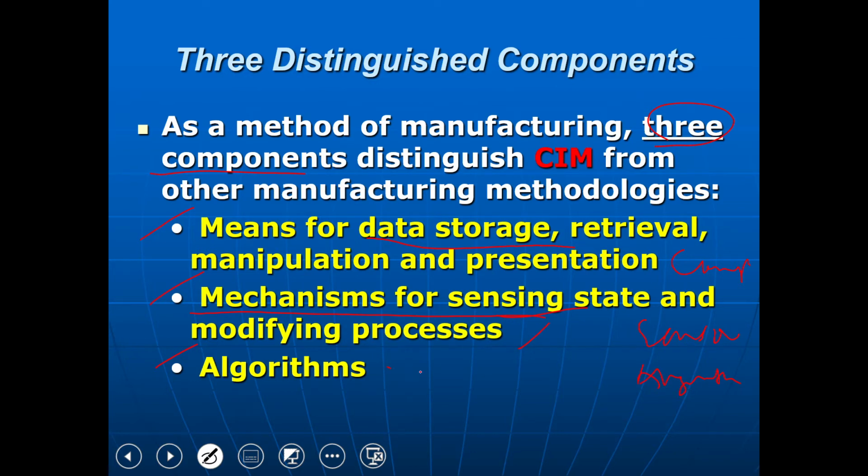What is an algorithm? An algorithm is the rules they make to run the process automatically. For example, a simple rule: when this product is finished, they will send the information to the robotic system, and then the robotic system knows the process is already finished, and will start moving to take the part from that machine and put it on the conveyor.